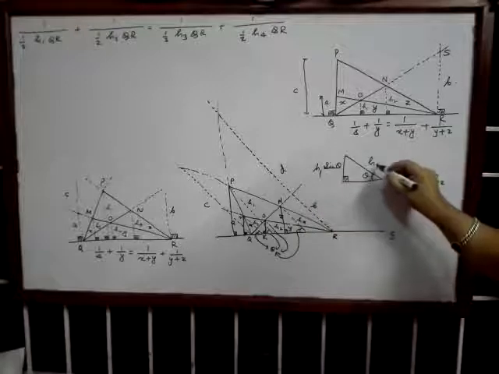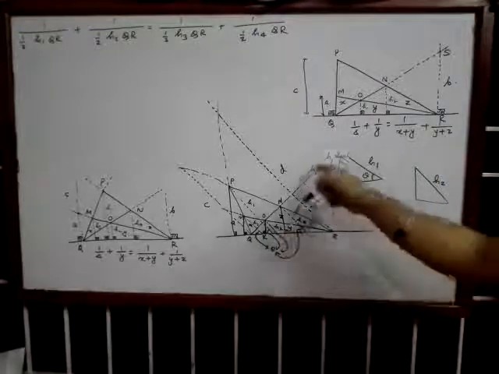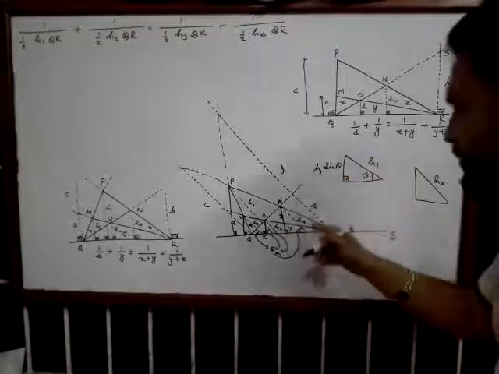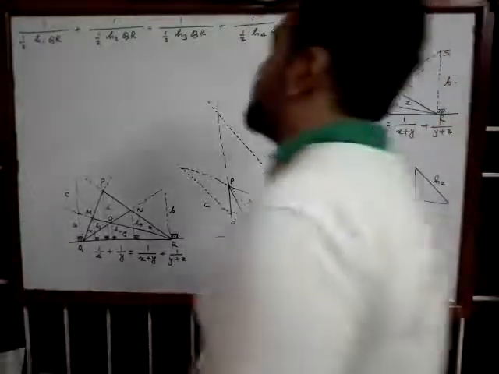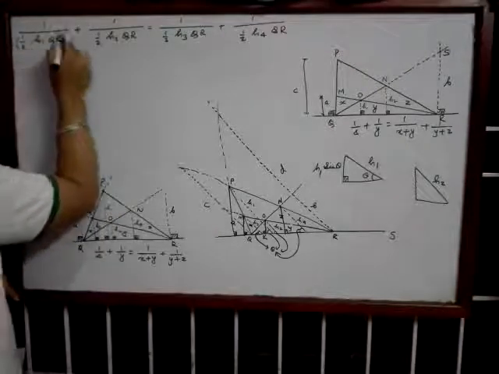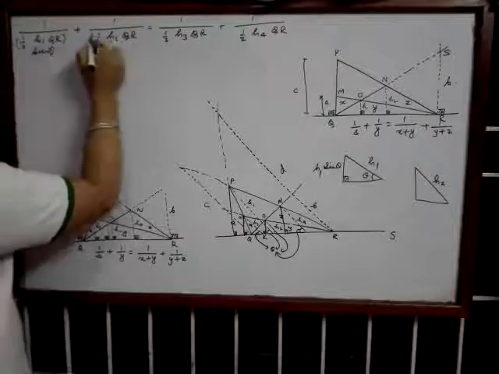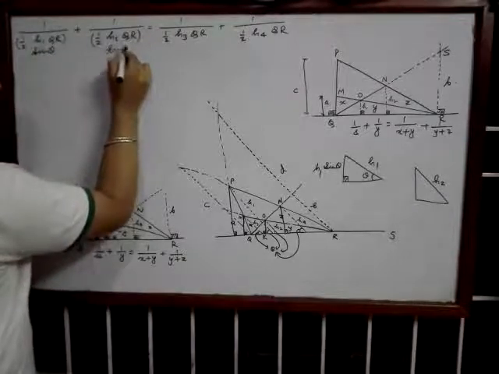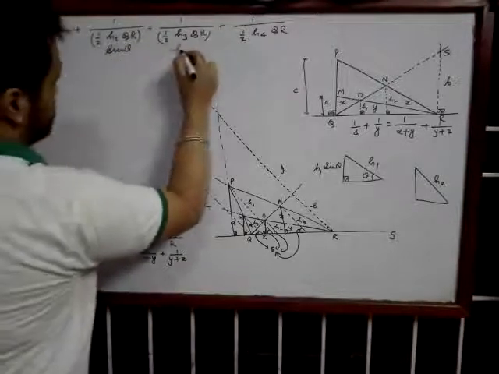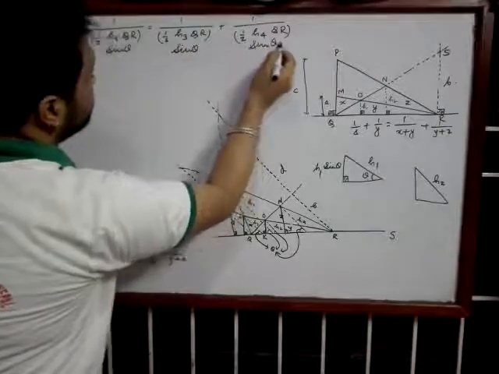Similarly, if this is H3, it's H3 sine theta. If it's H2, it's H2 sine theta. And if it's H4, it's H4 sine theta. So let's multiply the denominator by sine theta as well. I'm multiplying the denominator by sine theta, okay? Alright.